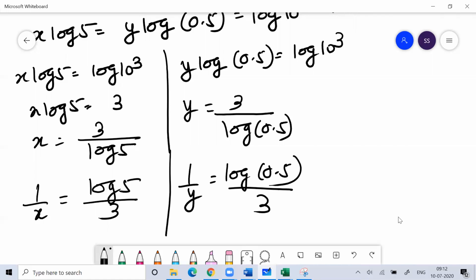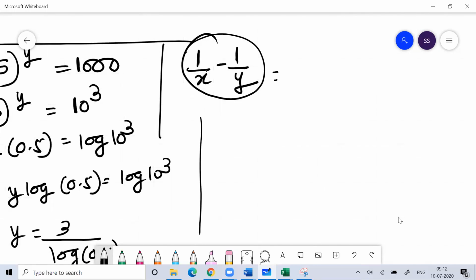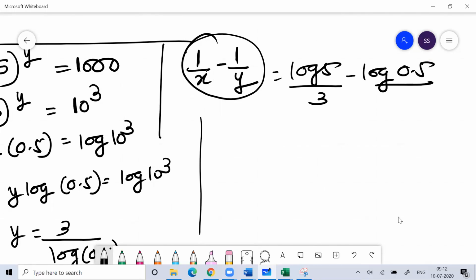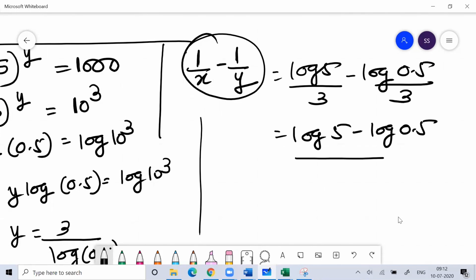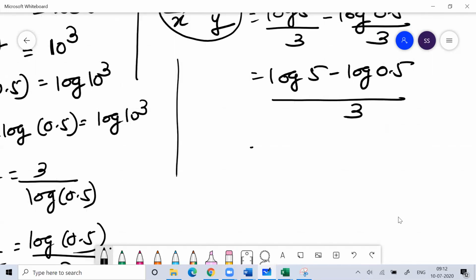So this is log 5 by 3 and this is log 0.5 by 3, which means log 5 minus log 0.5, all by 3. You know that log A minus log B means log A by B.